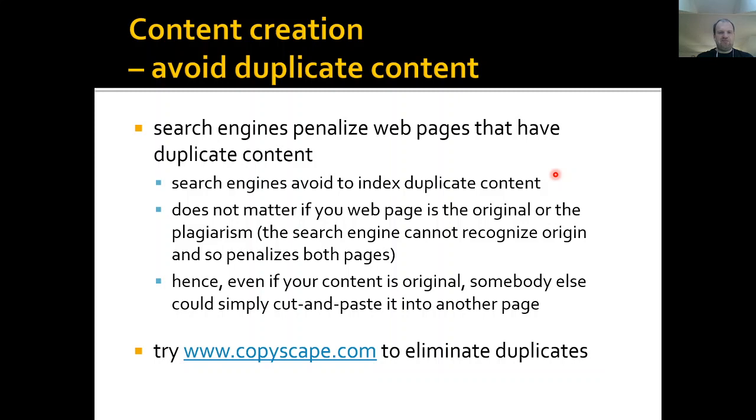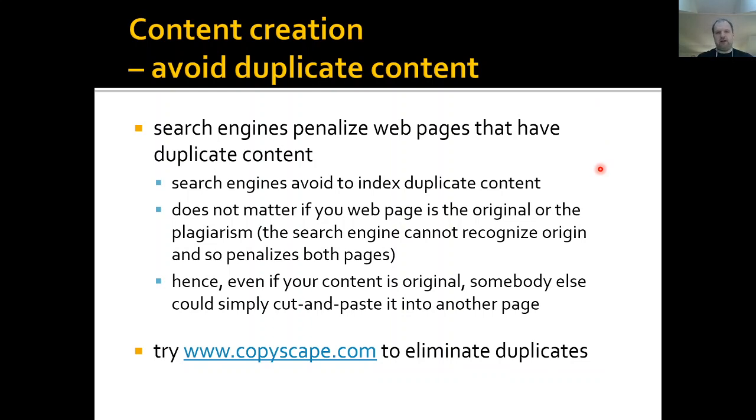And of course, creating duplicate content is always bad practice for anything. It may not be directly plagiarism, but it at least demonstrates, okay, I don't want to bother with creating my original text. I will copy myself, for example, or just do a general introduction to some web page. And this, of course, is identified by the search engine and is penalized.